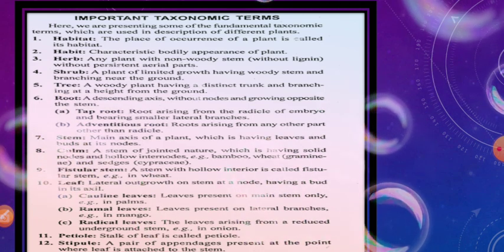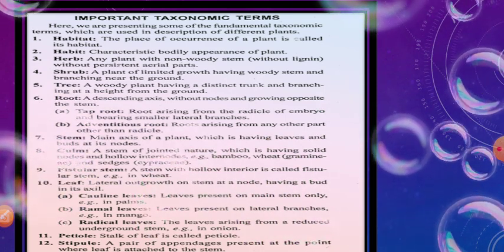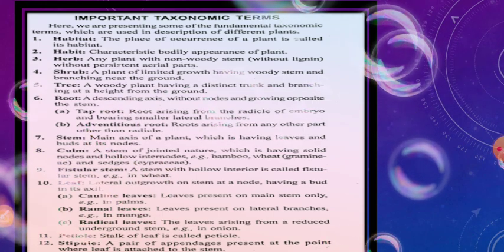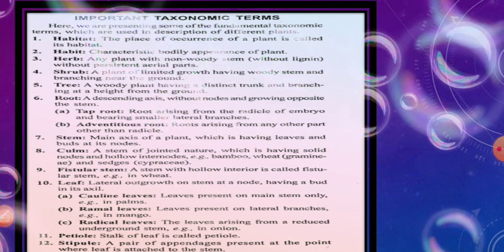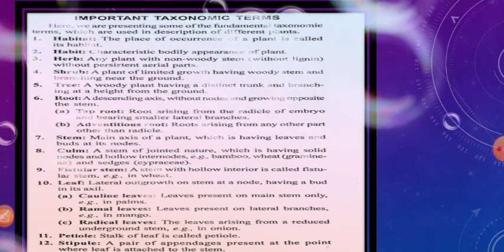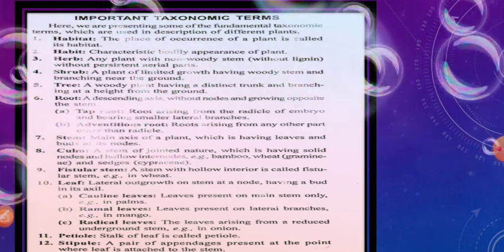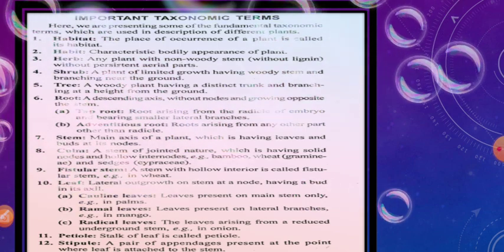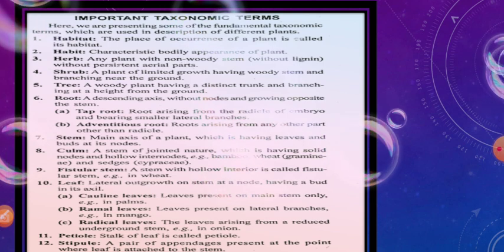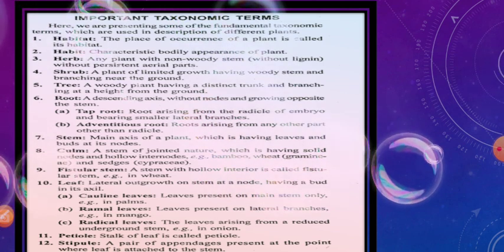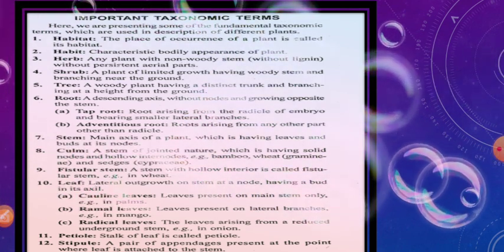But in the adventitious root, it arises from other parts, for example aerial parts, as in orchids or parasitic plants.